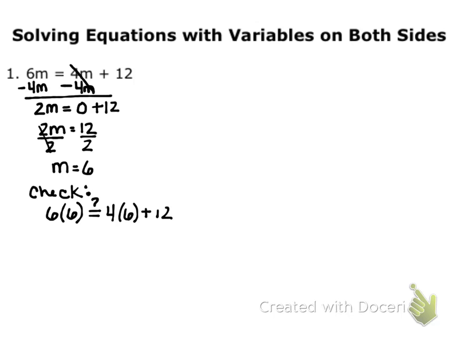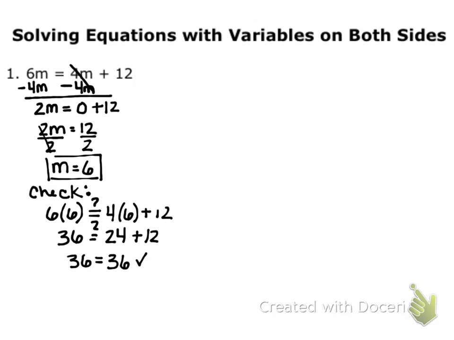Well, 6 times 6 is 36. We'd be asking, does that equal 24 plus 12? And when we simplify, we'd get 36 equals 36.